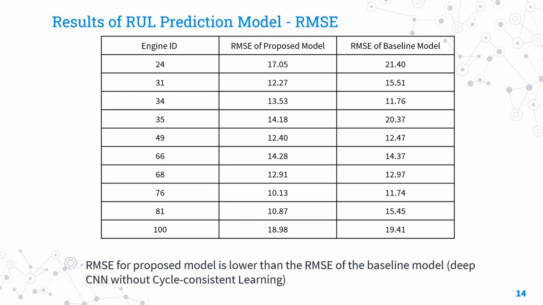Lastly, the root mean squared error is used as an evaluation metric for the RUL prediction model. The RMSE of the proposed model as compared to the baseline CNN model without cycle consistent learning is shown in the table. The root mean squared error for the proposed model is lower than that of the baseline model.